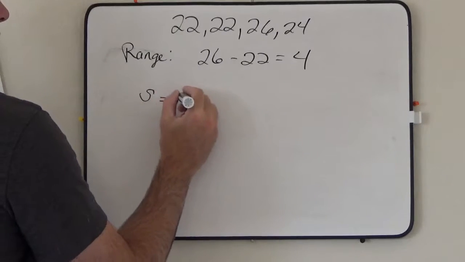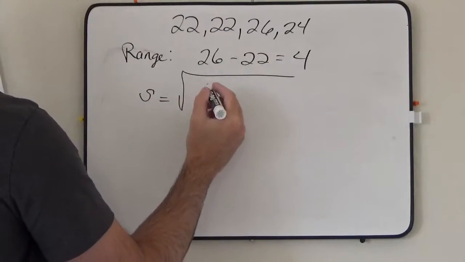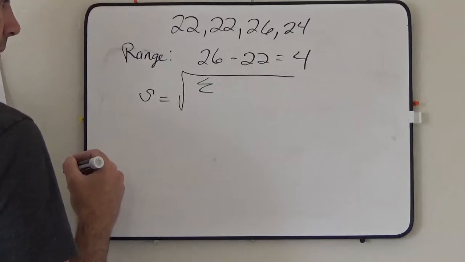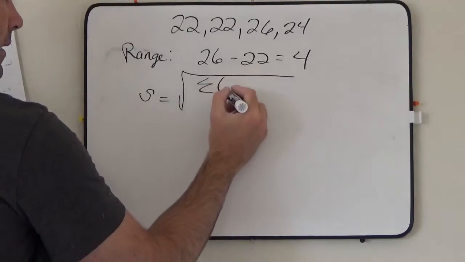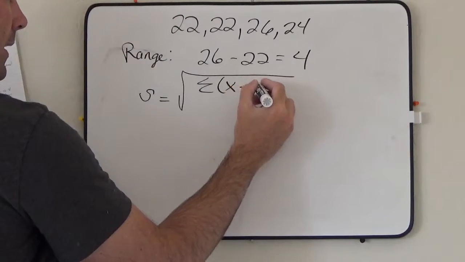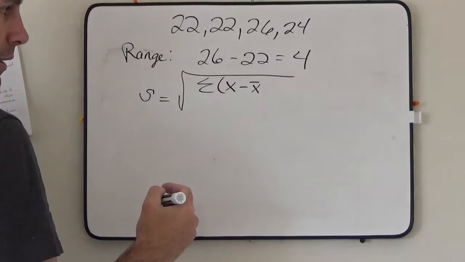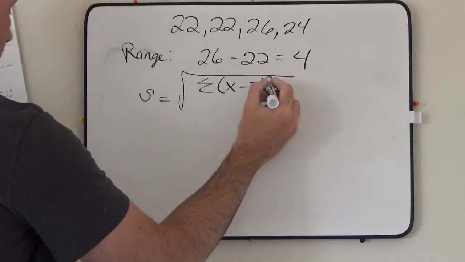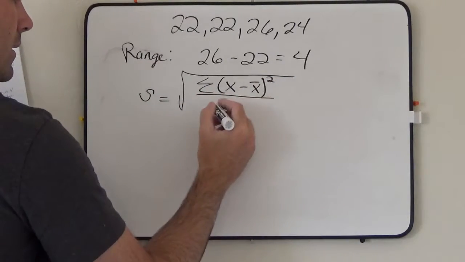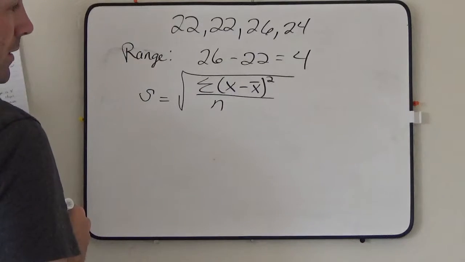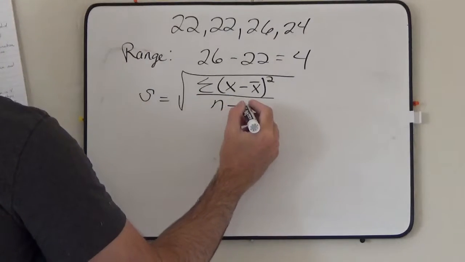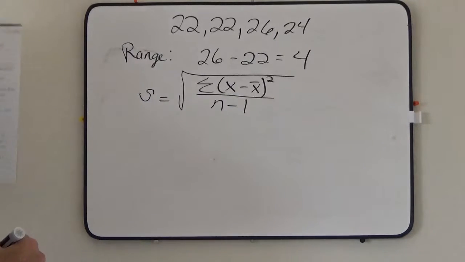S is equal to the square root of the sum, that's the sigma symbol that I'm lazy and I'm writing ugly, of a point minus the mean. Notice that x right there has a line over it, squared, divided by the number of subjects in the study minus 1. Okay? Now this is the basic form of finding standard deviation. I'll give you another one here in a minute. It's an easier computation, but we're going to learn how to use this one.